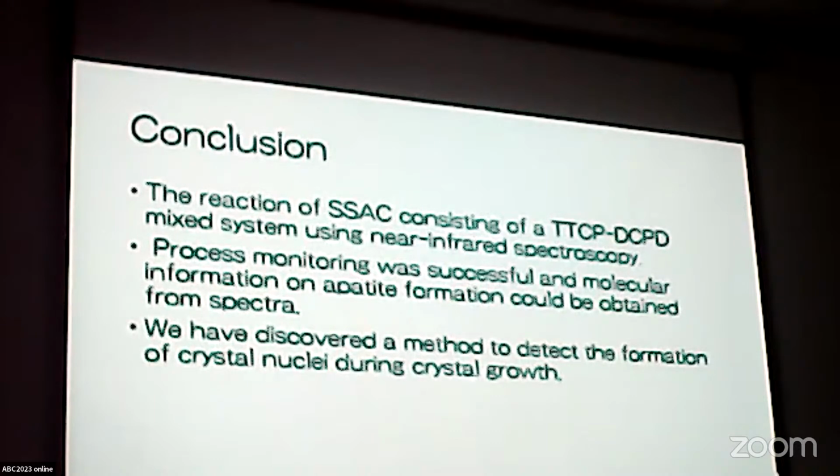I'm not familiar with near IR, but the big advantage is you can analyze in the aqueous, like cement with water, right? Yes, the NIR is very sensitive for water. And the solution has a very big peak.